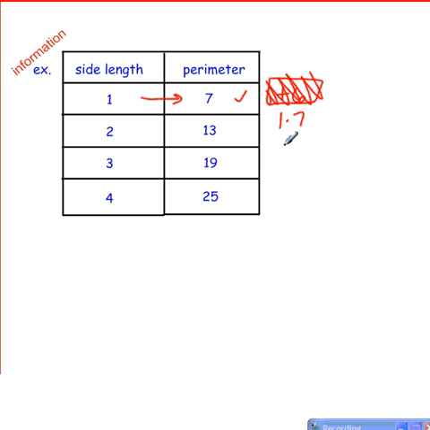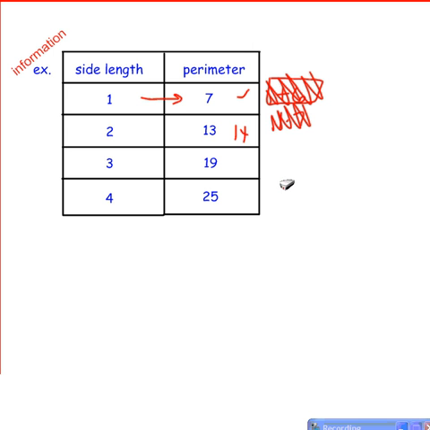I talked about earlier that if I multiplied it by 7, this would work. So 1 times 7 is 7. Good. 2 times 7 is 14. Too much. So that is not working either.